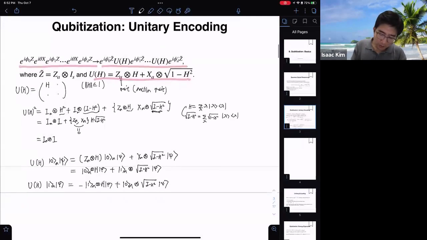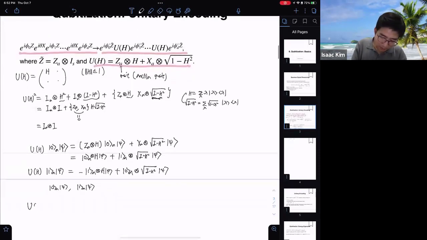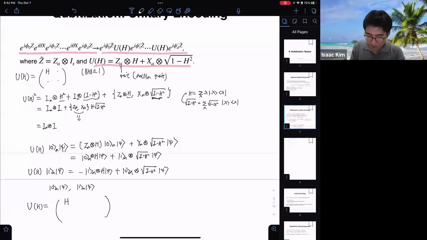So if we use the basis of this form, then we can see that U of H can be written in the following block diagonal form. Here you have H, in the bottom right block you have minus H, and in the off-diagonal entries you have the square root of I minus H squared.